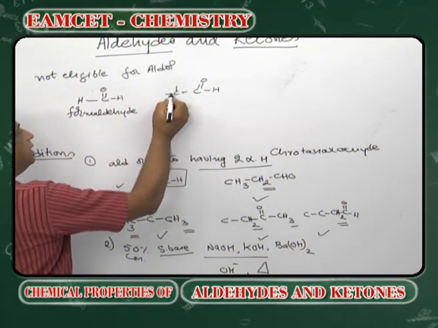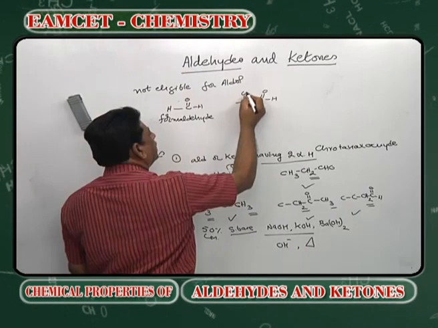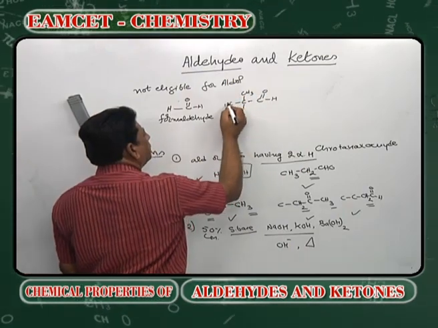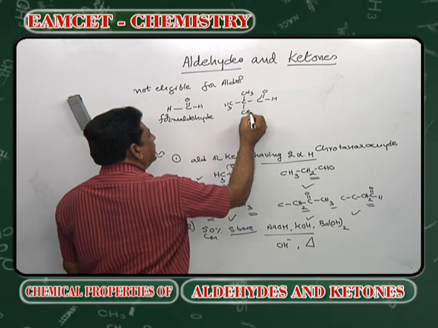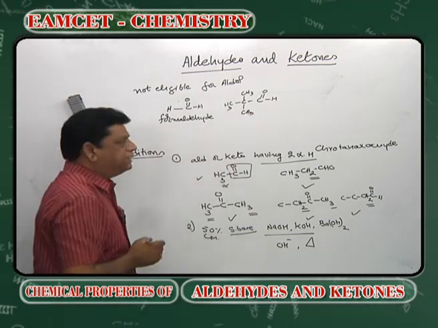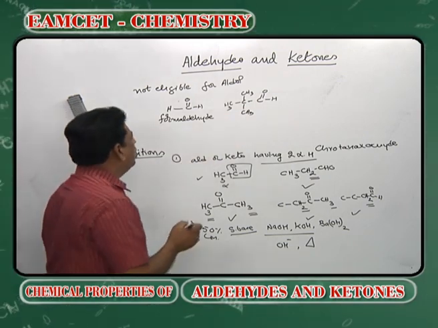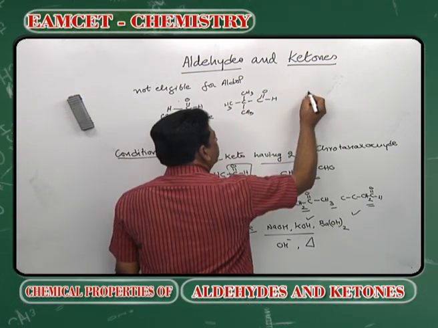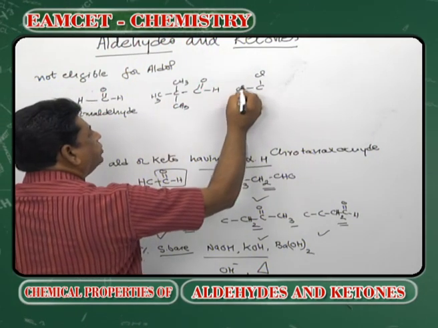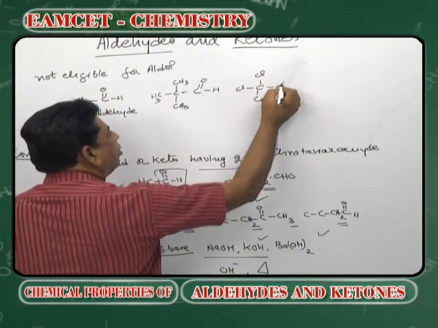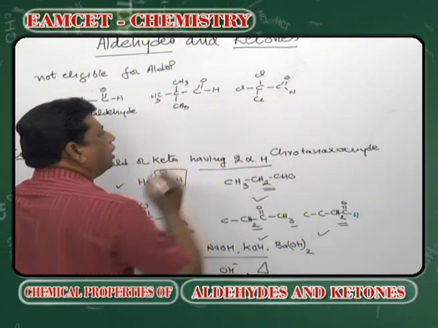If the alpha carbon has other groups like all methyl groups, so trimethyl acetaldehyde, or 2,2-dimethyl propanaldehyde, is also not eligible. Similarly, a carbon with all halogens is also not eligible to undergo aldol condensation.